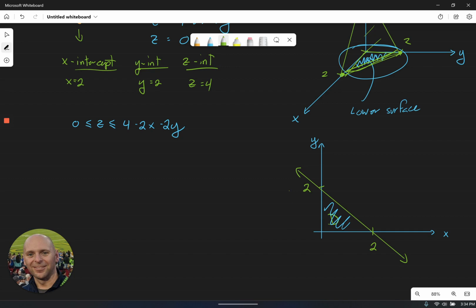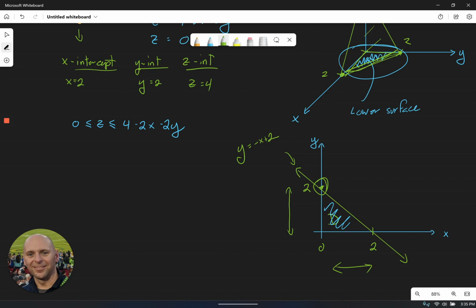I'm going to do this from function to function this way, and then we'll go constant to constant along the x's. So what I really need then is the equation of this line, and I think it should be pretty apparent. We've got intercepts at 2 and 2, so its slope is -1, and its y-intercept is here at 2. So the equation would be y equals -x plus 2 for that line.